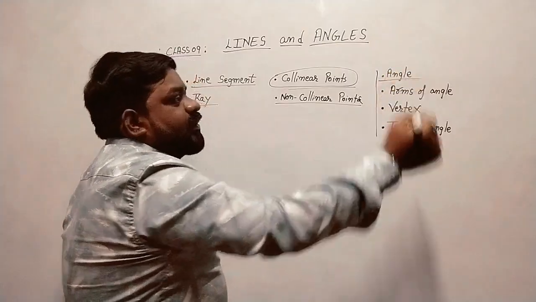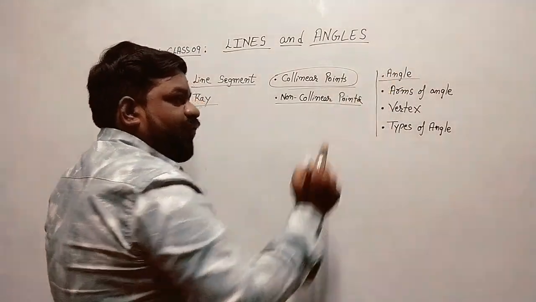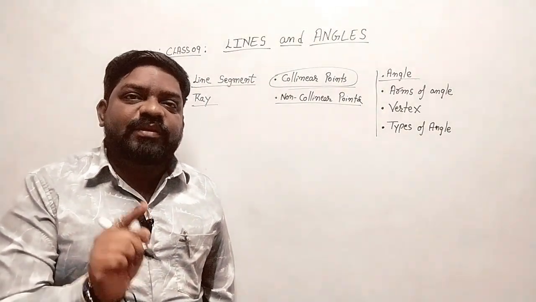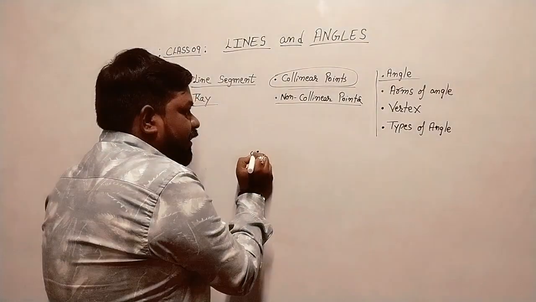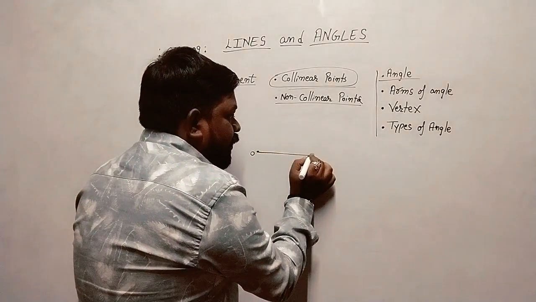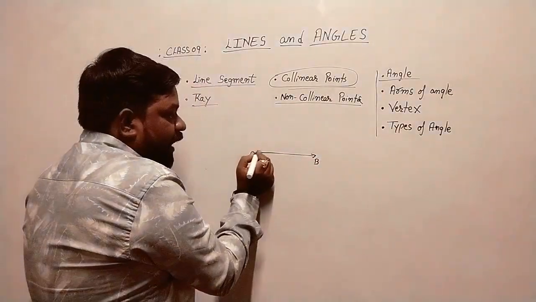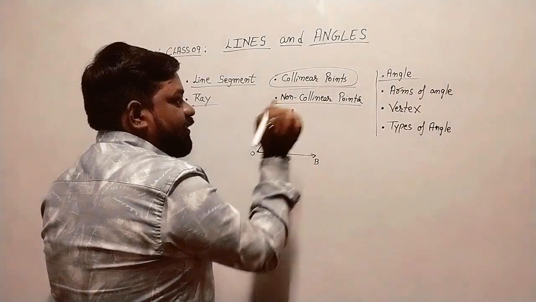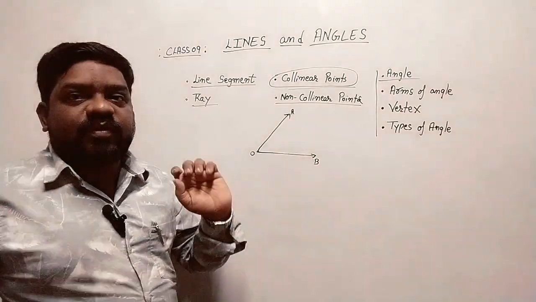Next, we'll see the definitions related to angles. An angle is formed when two rays originate from the same endpoint. I will consider a point O. From the same point I will take one ray and name it B, and from the same point I will start another ray and name it A. So from the same point two rays are originating.